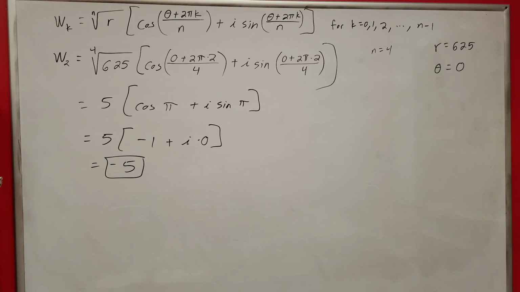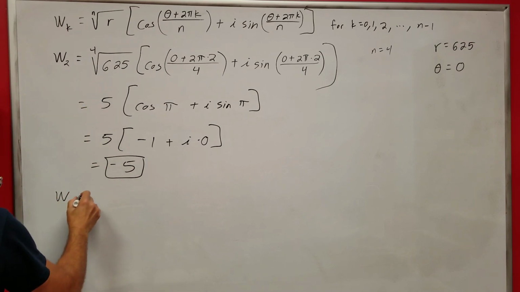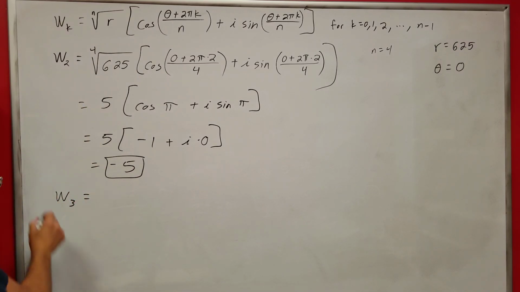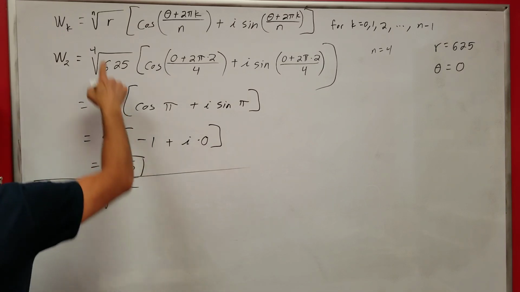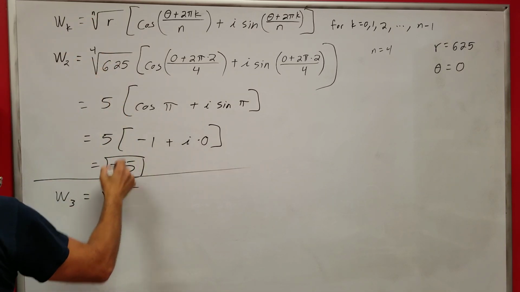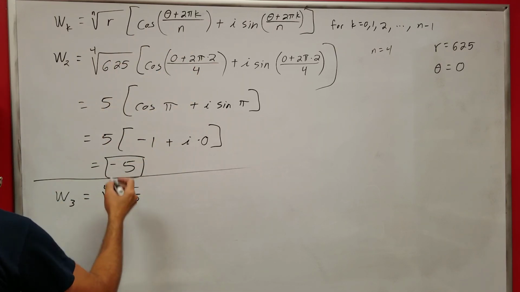And let's go with our next root. I know, let's get bored. W of what next? Or w sub what? W sub 3. All right, so what does that give me? That gives me the fourth root of r, which we said was 625, times what?